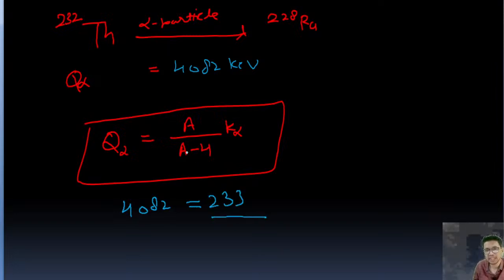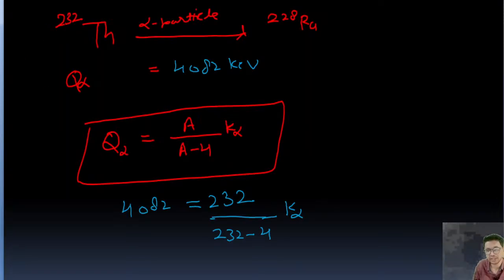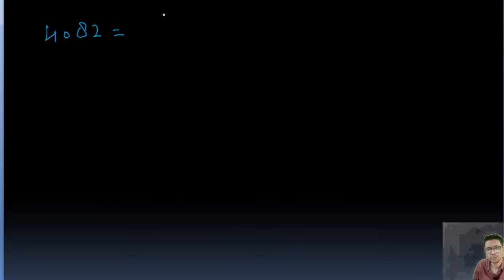So 232 upon A minus 4, atomic mass minus 4, that is 228, radium. So 4082 is equal to 232 upon 228 times K alpha. K alpha is the maximum kinetic energy.